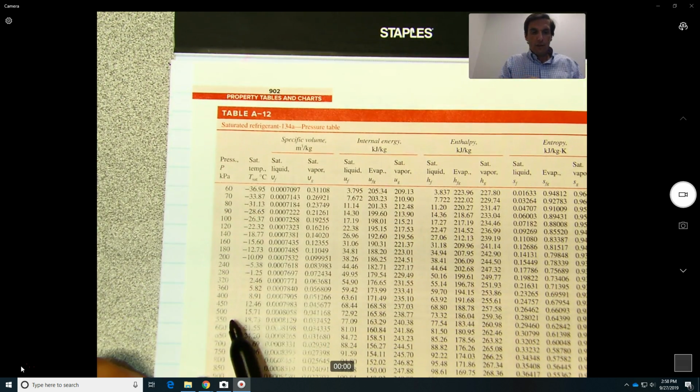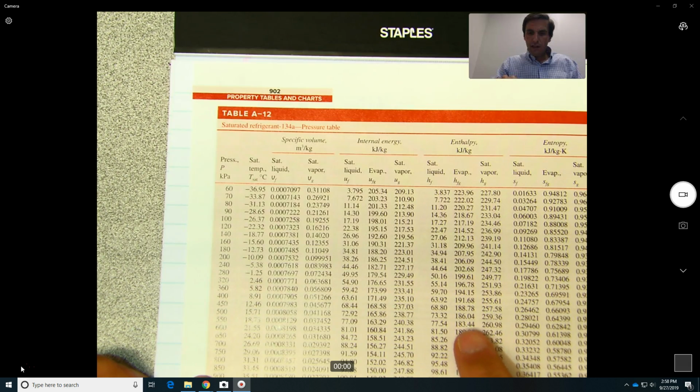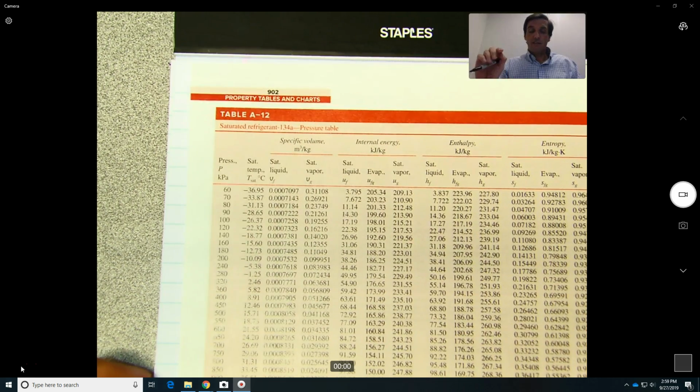So at 500 kilopascals, we get for HF to be 73.32, HFG 186.04, and HG 259.36.